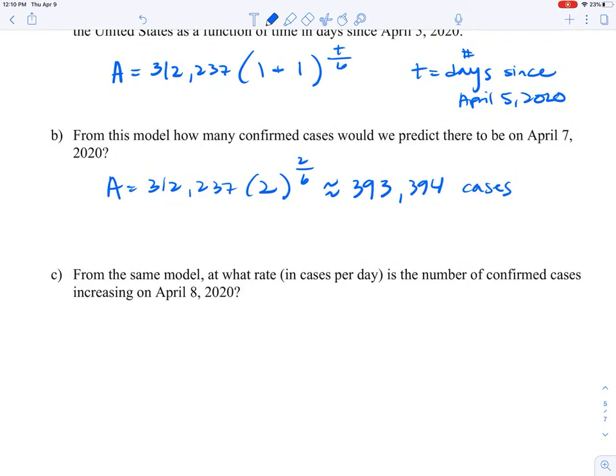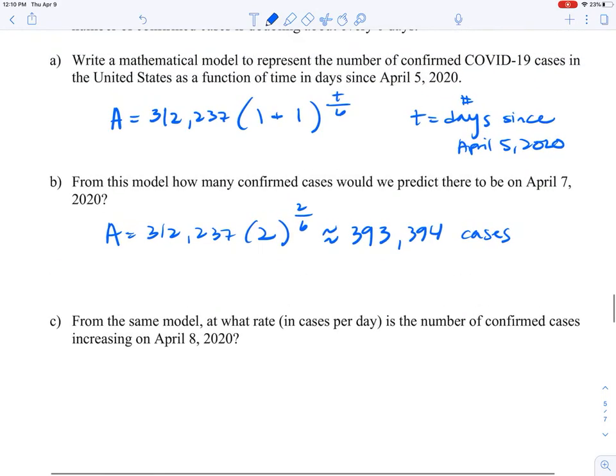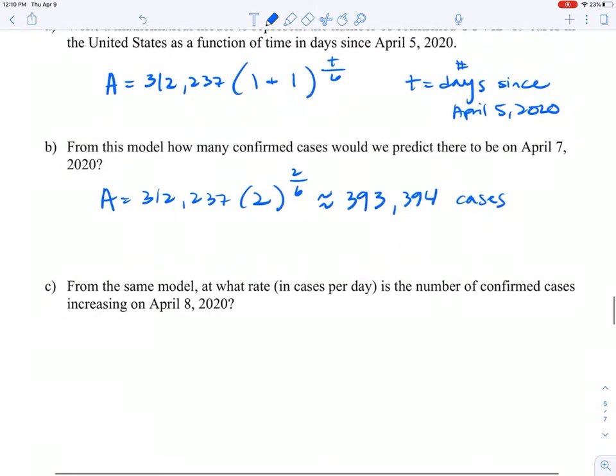From that same model, at what rate, so in cases per day, is the number of confirmed cases increasing on April 8th? So we would find the derivative of our model.